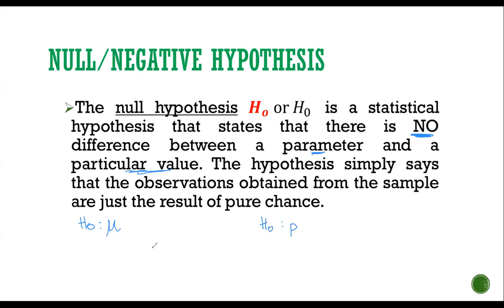Yan, ha? So sabi dito, si parameter daw, ito, parameter, yan, either your population mean, of course, population proportion, and a particular value. Particular value na hindi natin alam yung value na yon. Pag hindi mo alam yung value na yon, paano mo siya i-represent mathematically? You use your variables. Diba? We represent x, y.